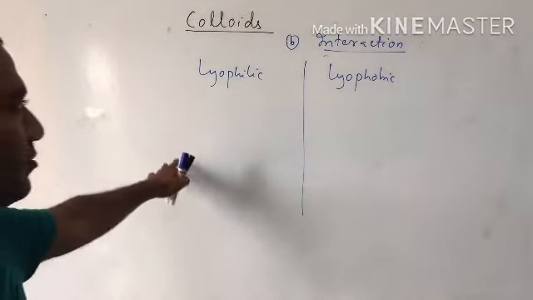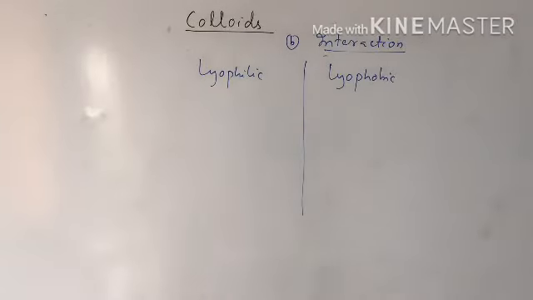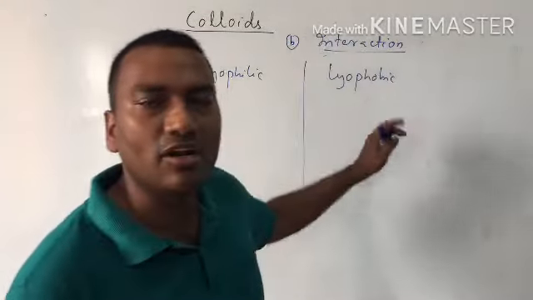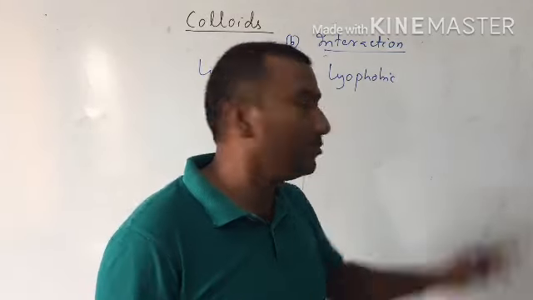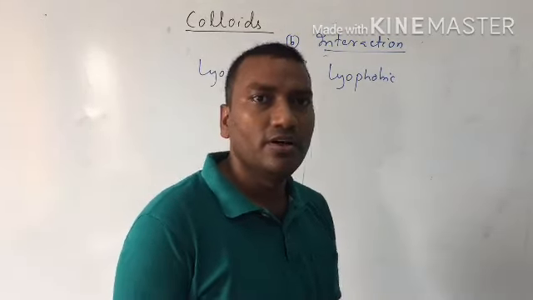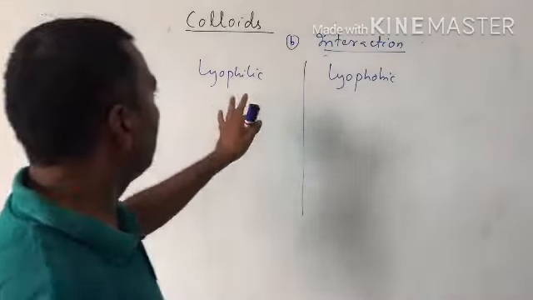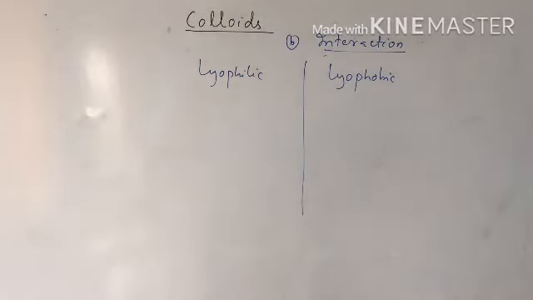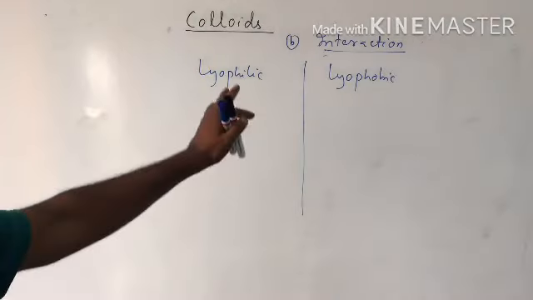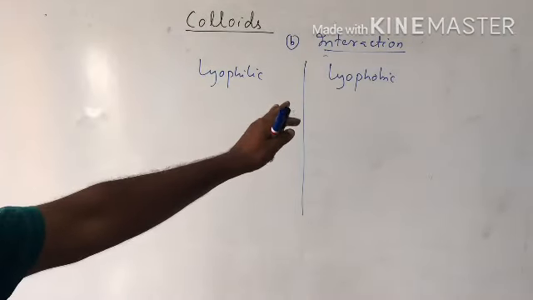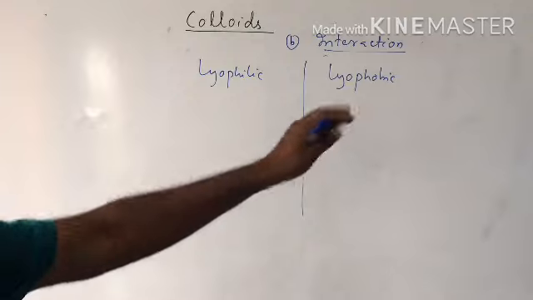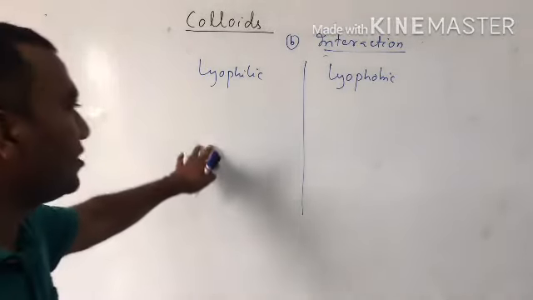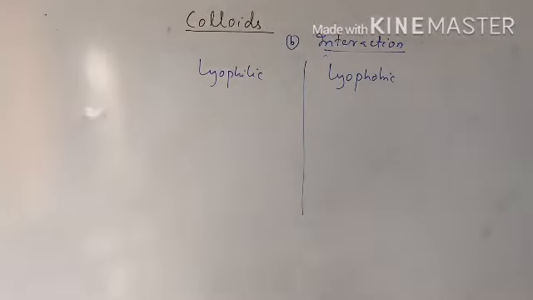Lyophilic cannot be easily coagulated, lyophobic can be easily coagulated. Coagulation means settling down; we will read about this later also. So lyophilic cannot be coagulated easily, lyophobic can. Lyophilic particles have little or less charge, lyophobic particles have some characteristic charge. Lyophilic are highly solvated, meaning highly soluble, lyophobic are less solvated.